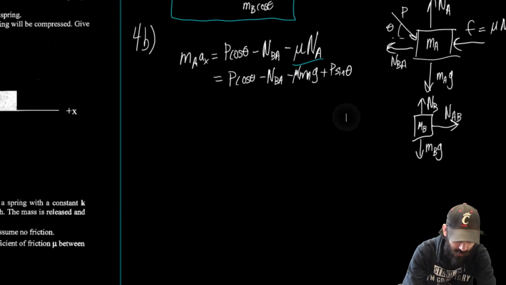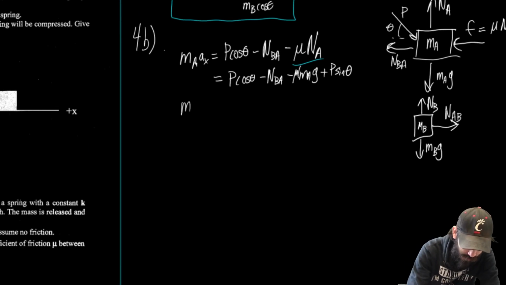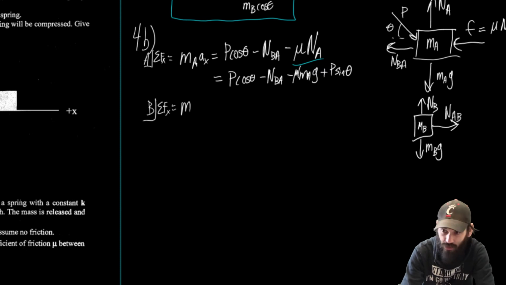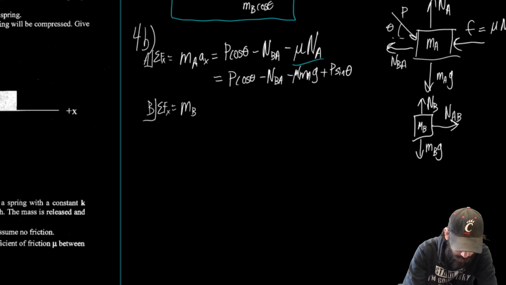And so in the x direction, this is for A, this is for B, and really what I'm saying is that the sum of the forces in the x direction is equal to this, and we're saying the sum of the forces in the x direction is equal to this. So this is going to be mB Ax, which is going to be equal to NAB.